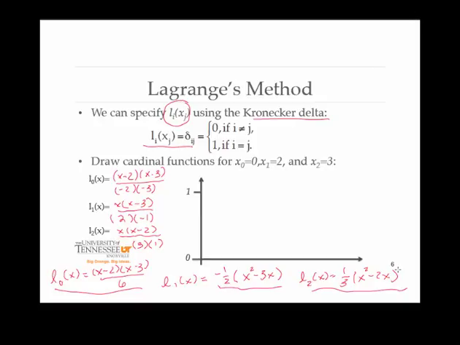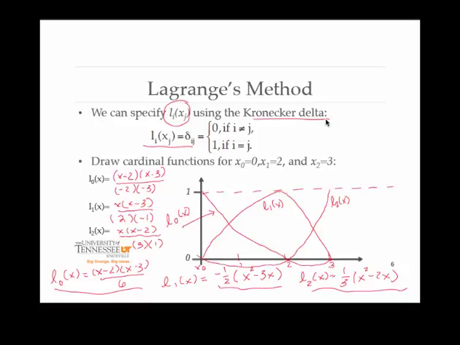So what I've done now is I've actually sketched a rough diagram of what each of the cardinal functions will look like. This is just a rough sketch, but first thing to notice, I've indicated the horizontal line for all the y coordinates here being 1. This is a scale from 0 to 1. And then what I've done is I've ticked off the value 1, 2, and 3 for the x coordinates.